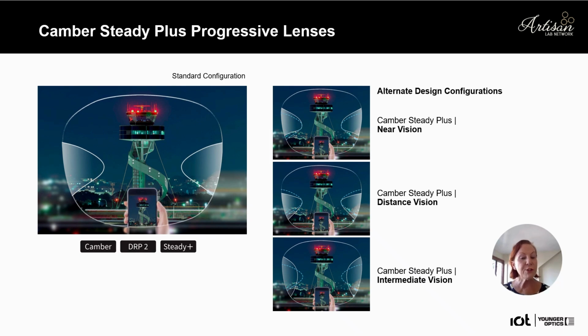And when you look closely, you'll see the difference between the balanced on the left and the dashed lines and the solid line showing the alternate configuration differences. This is a game changer where the dispenser or the optician can ask the patient if they have a visual preference for distance, intermediate, or near, and it makes the product much more versatile and adapts to most wearers.